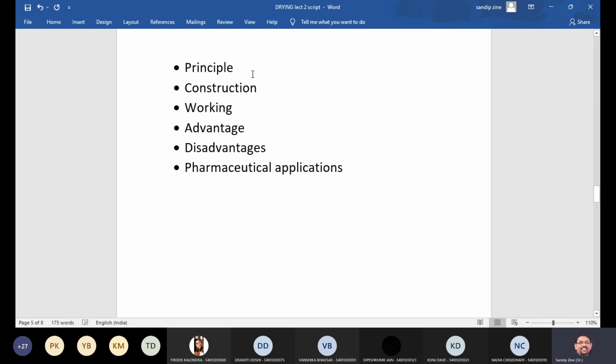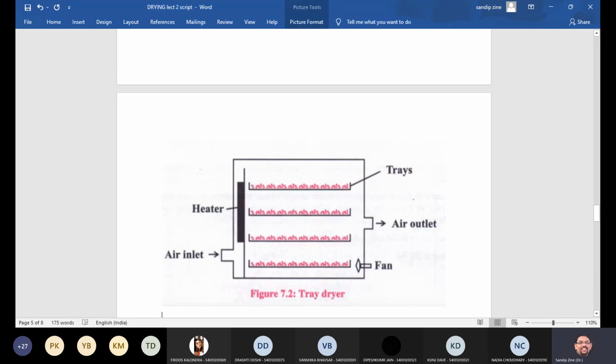Suppose the question will be for 3 marks or 4 marks: give construction and working of tray dryer, or give a detailed note on tray dryer or maybe the freeze dryer. That kind of questions will generally be asked in examination. So today we have taken this point for discussion.